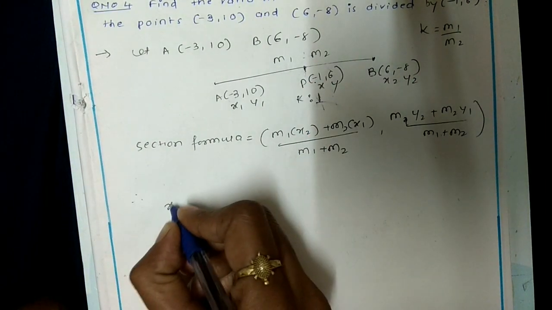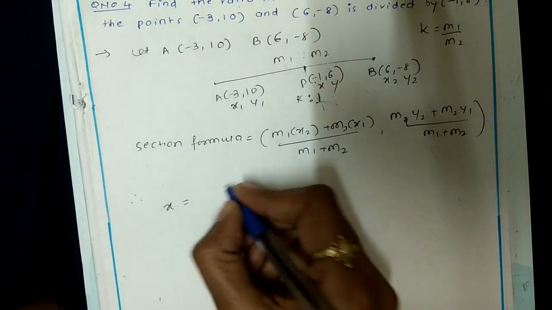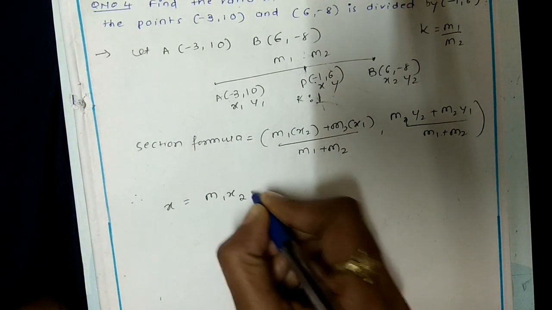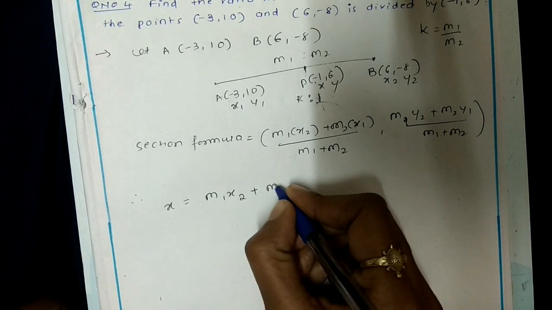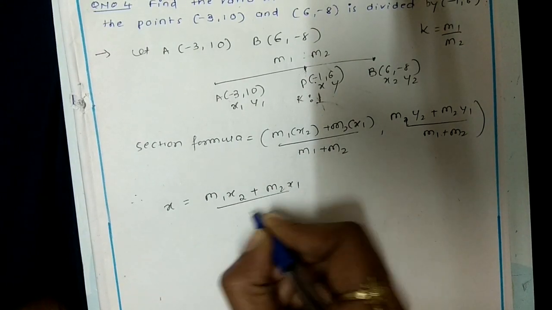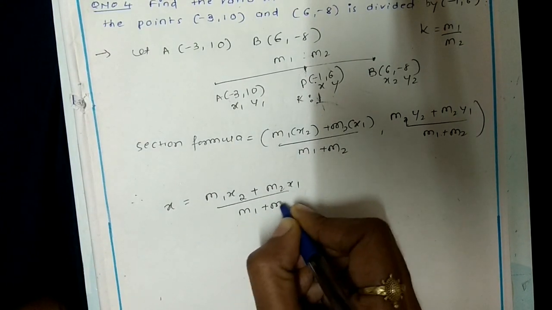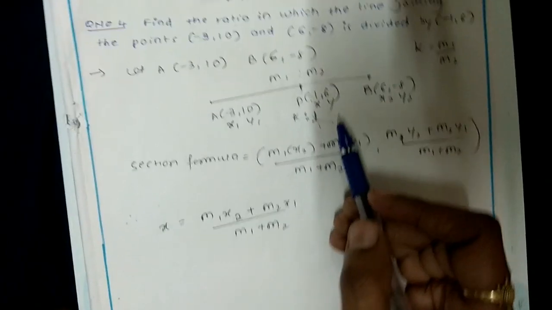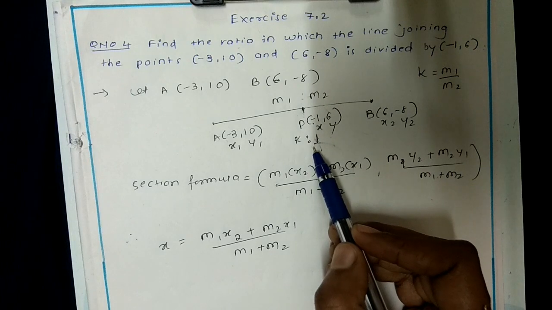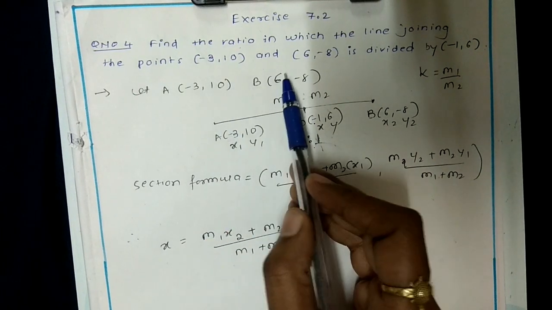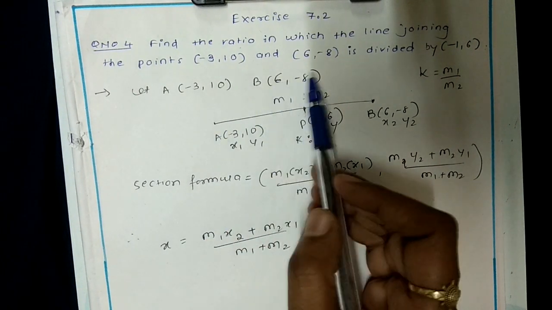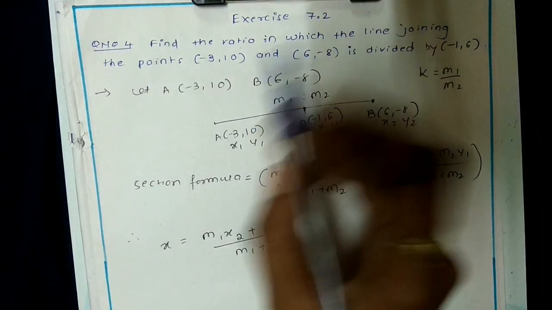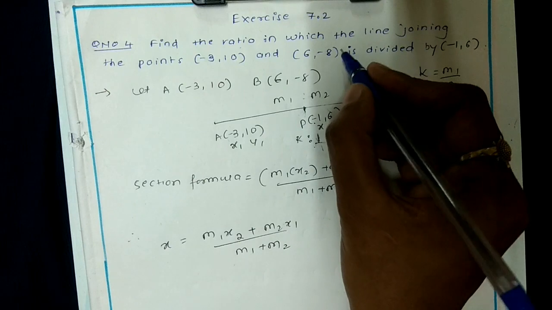So we write the formula for x, and from that formula we are going to find the value of K. Here m1, m2 give the ratio, and we take the ratio as K is to 1. So you can write: let A and B be the points, and the line AB is divided in the ratio K is to 1. Let this be the point.